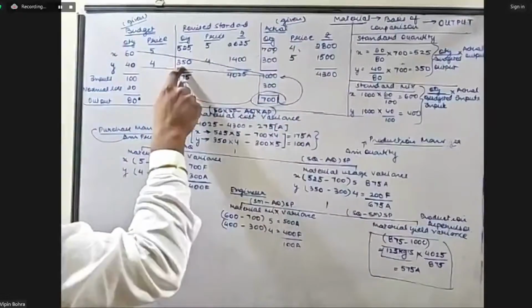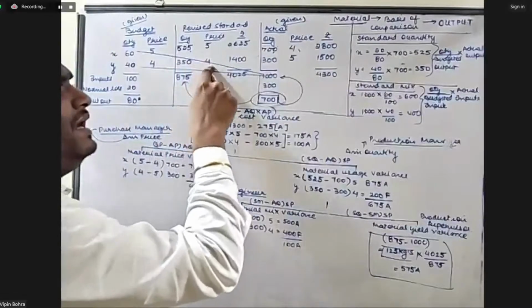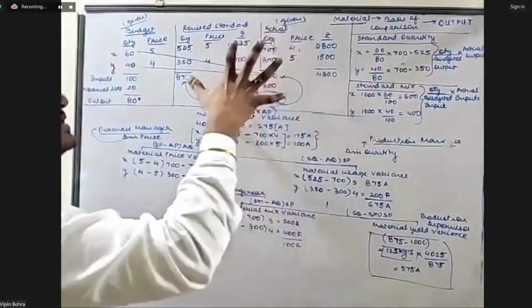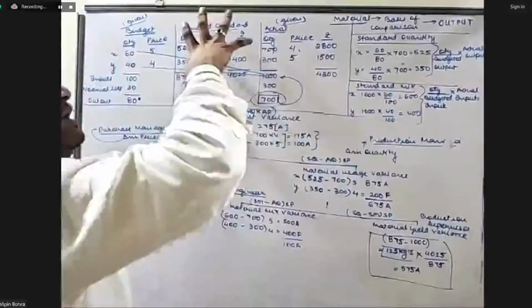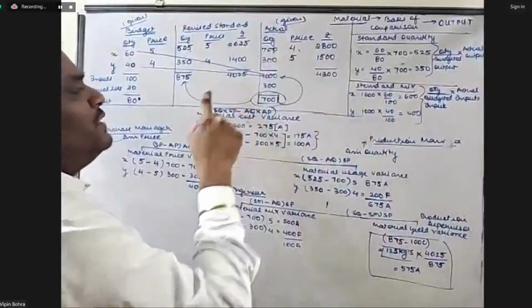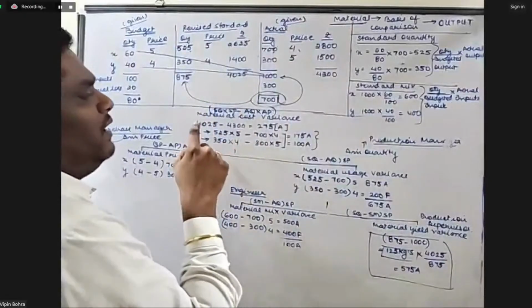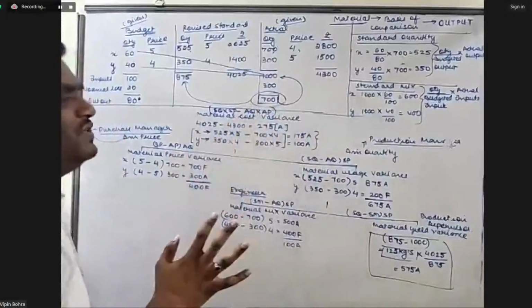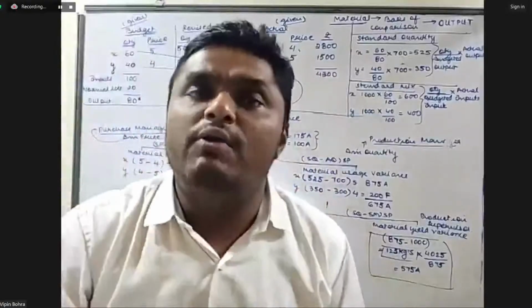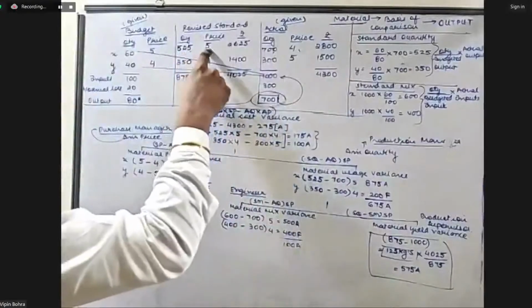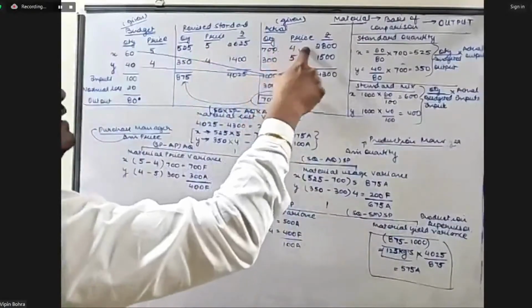Similarly, for Y, 350 units were supposed to be used at the rate 4, but we actually used 300 units at the rate 5. This is how we have got the total cost, that is, how much cost should have been incurred and how much was incurred. So 4025 should be my budgeted cost for 700 units, but the actual cost is 4300. This is how I got 275 adverse, that is 525 into 5 minus 700 into 4.